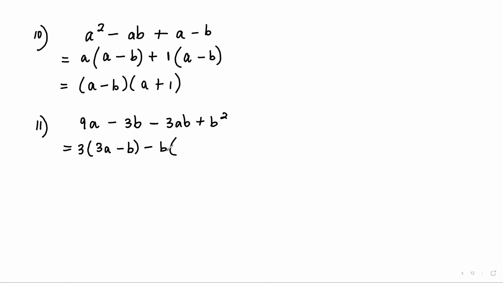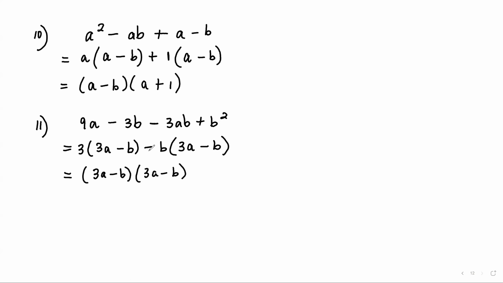Now, minus b times 3a will give me minus 3ab. And minus b times minus b will give me plus b squared. So guys, you've got to be careful with your signs. Okay, so then the common factor here is 3a minus b. I also have 3a minus b outside of the brackets.